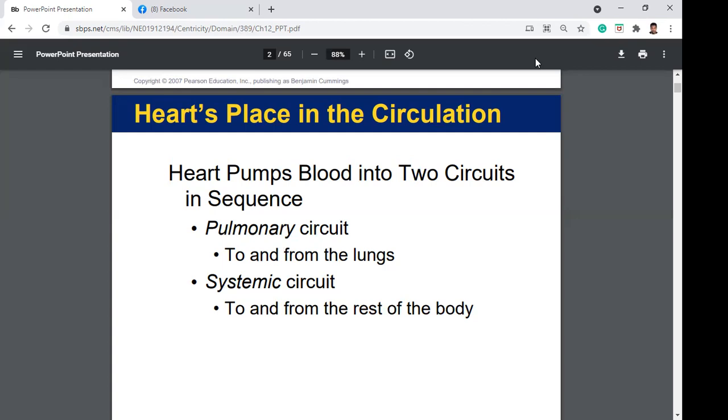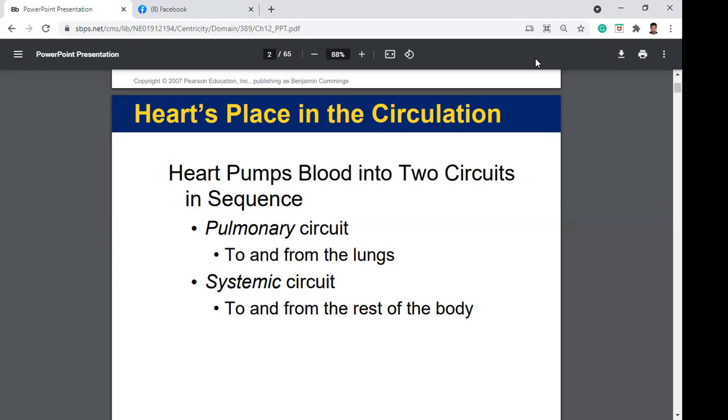It moves through the body, and the body uses up the oxygen in other parts. Then from there, it goes to the right atrium. It stops in the right atrium. How does it get to the right atrium? What carries it there? It's the systemic veins that carry it there.